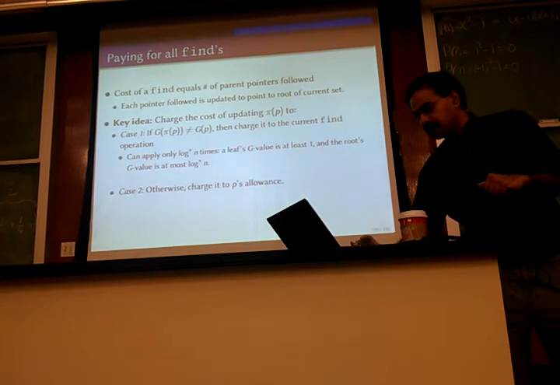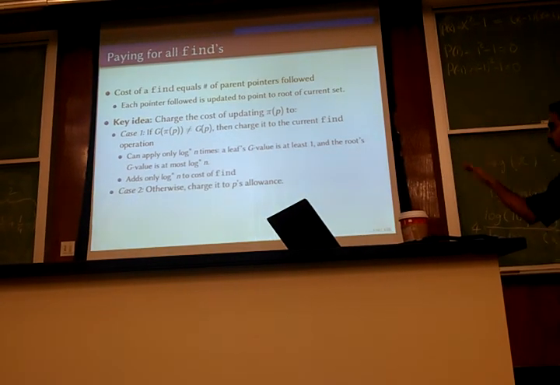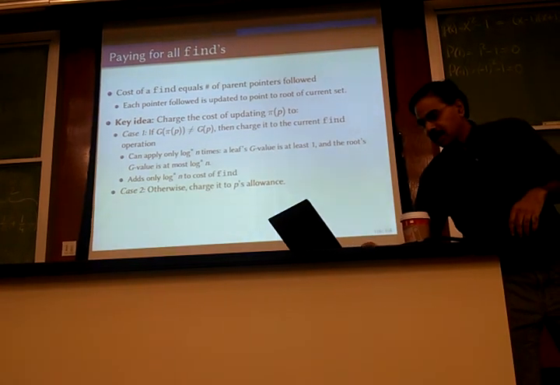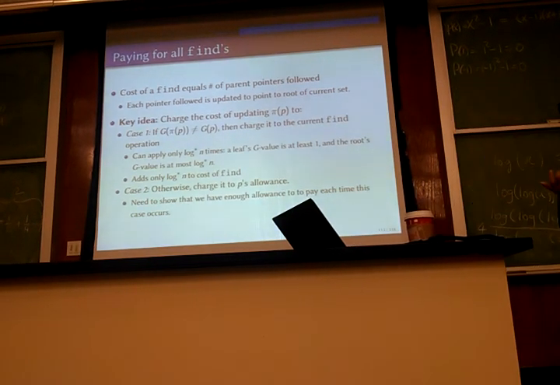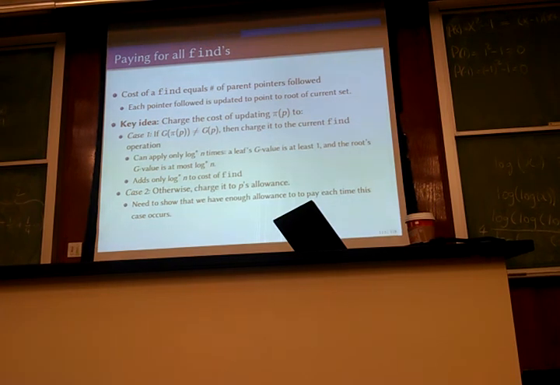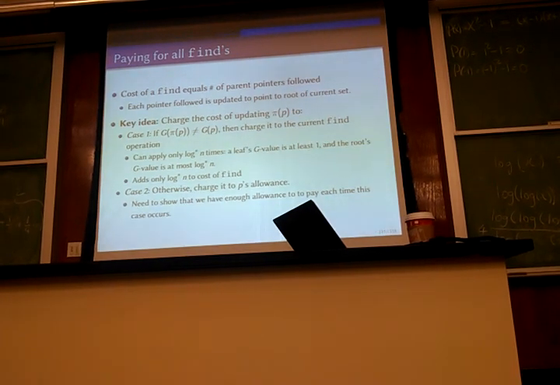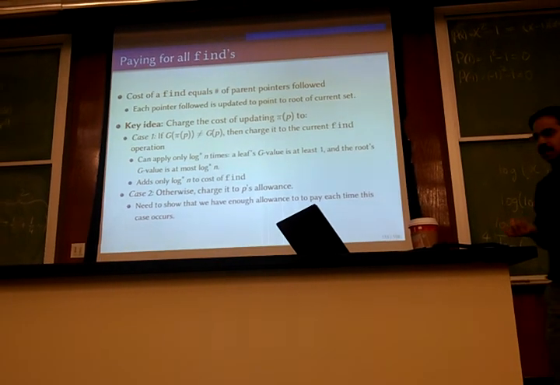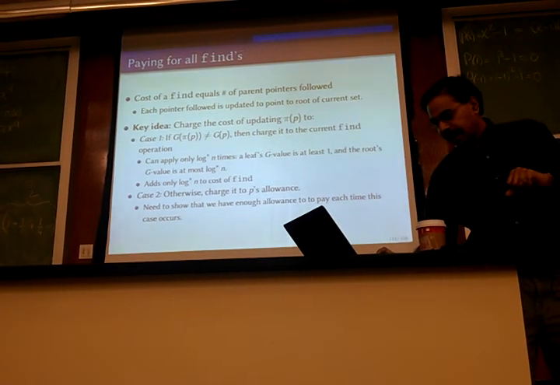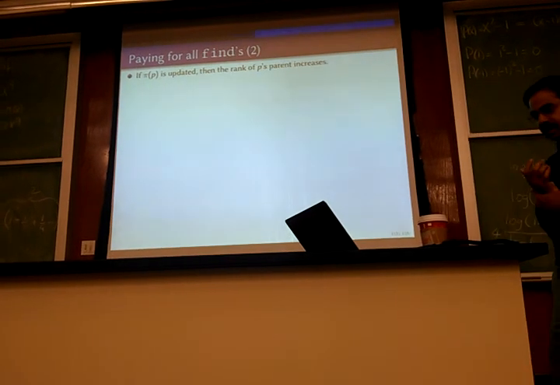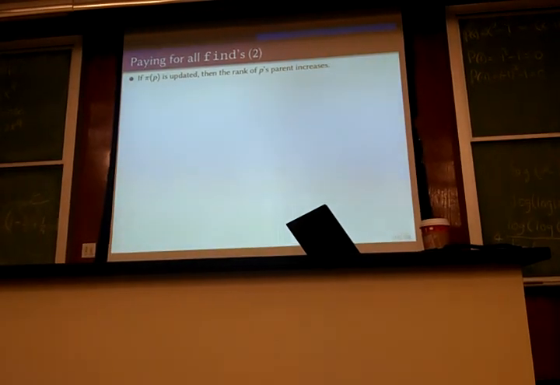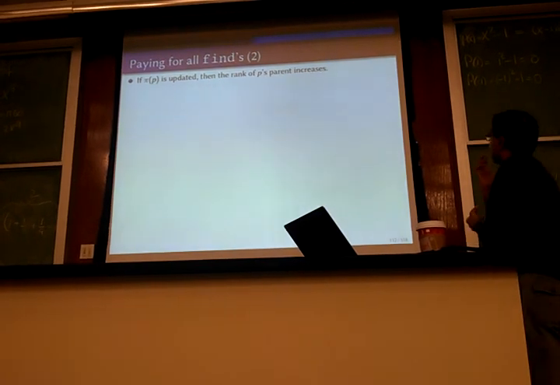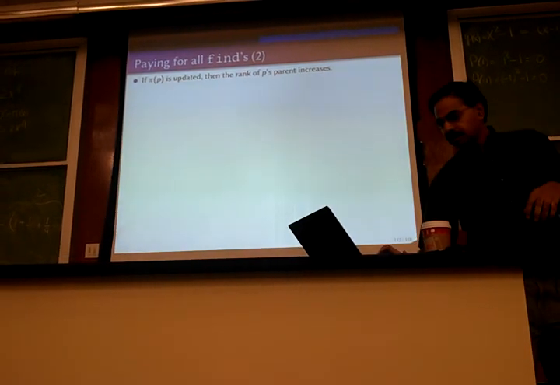So what we're going to do is, in the case where the parent of P is in the same class as P itself, we are going to pay for the cost of that parent update from the allowance that P already has. Okay, so that is the last thing that we need to do. How do we analyze and make sure that the allowance is enough to pay for it?